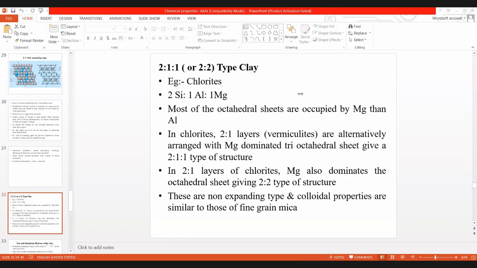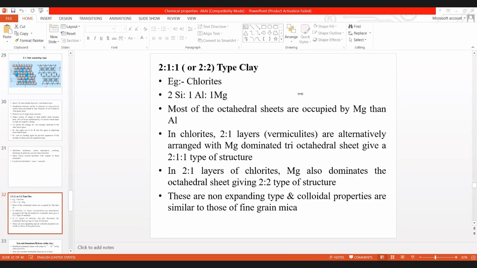Compare and contrast 2:1 expanding type colloids and 2:1 non-expanding type. Both have two silicon tetrahedral layers and one aluminium octahedral layer.